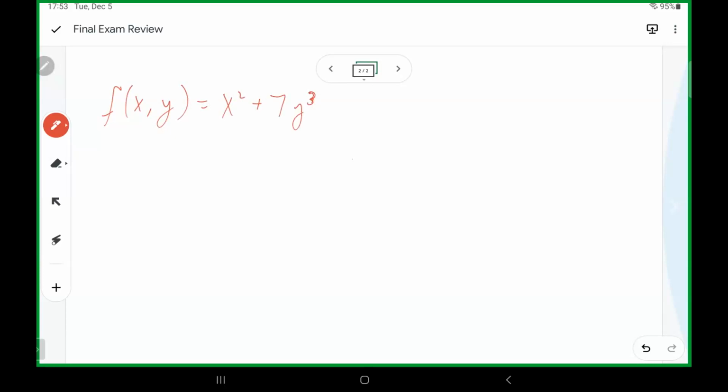So that gives us f of (0, 3 halves) equals 21/2.